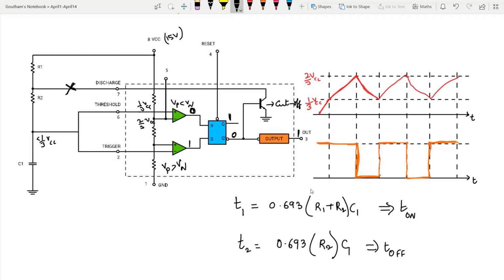Remember, when the capacitor reaches the 2/3 value and the output changes to 0, this transistor is on, which produces a least resistant path. We have seen it previously.